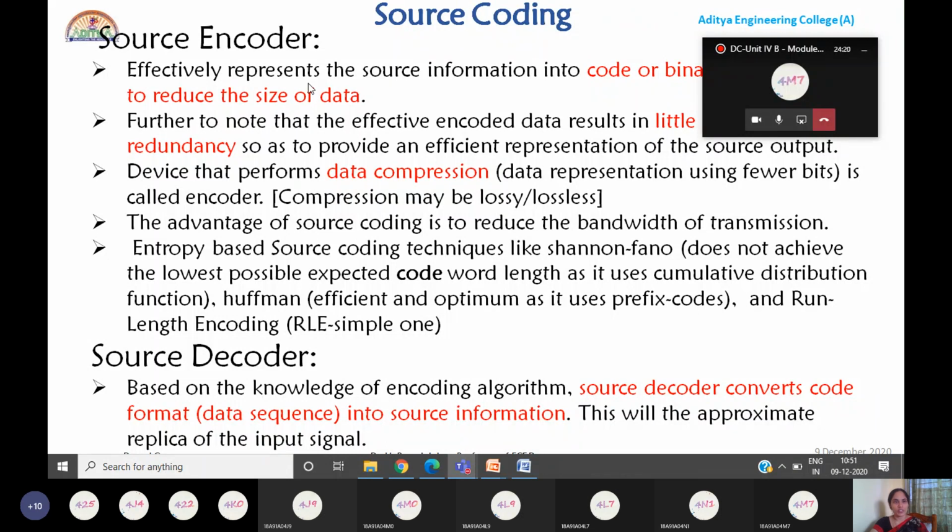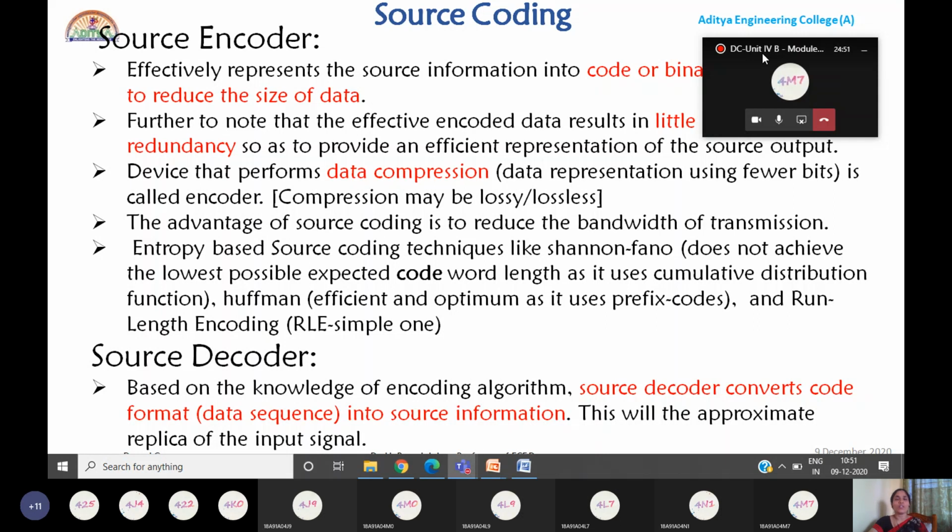In channel encoder, we intentionally add certain check bits in order to detect and correct the error bits. So in channel encoder, the data size will increase, because we are adding check bits or interleaving in between the actual bits.